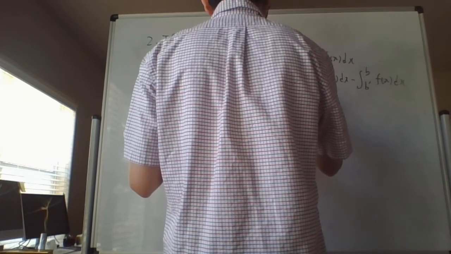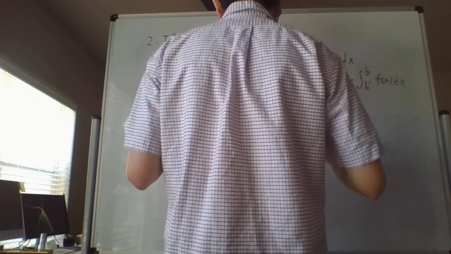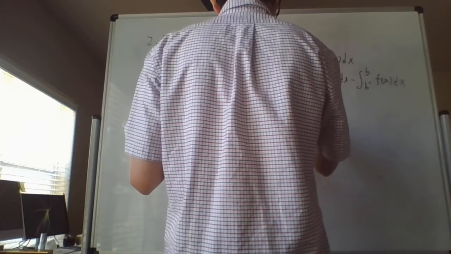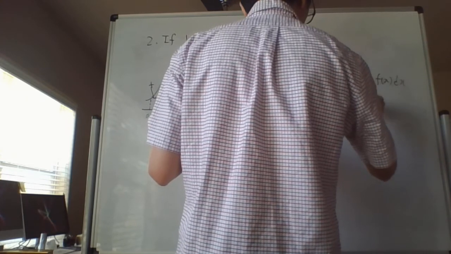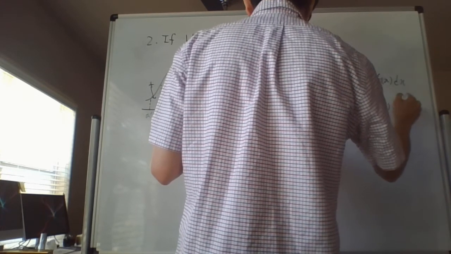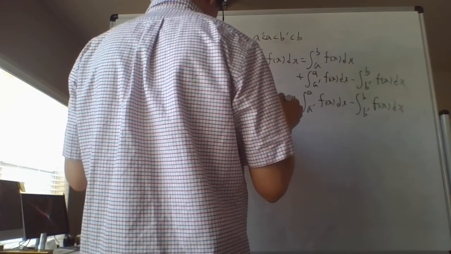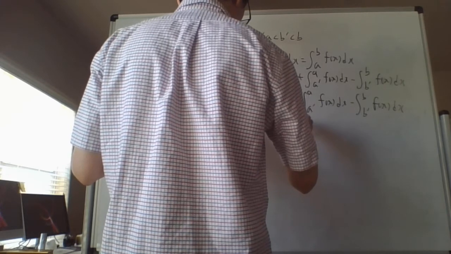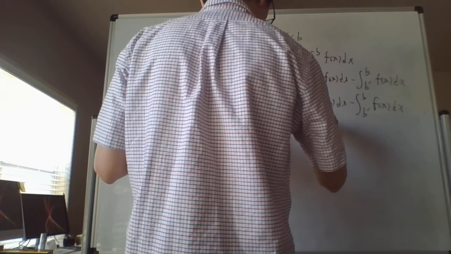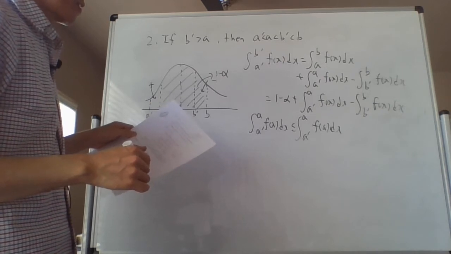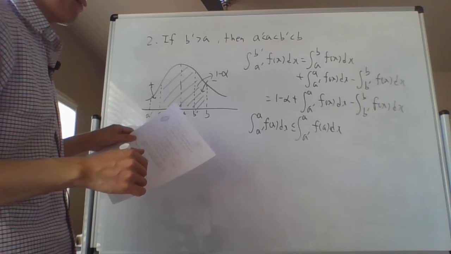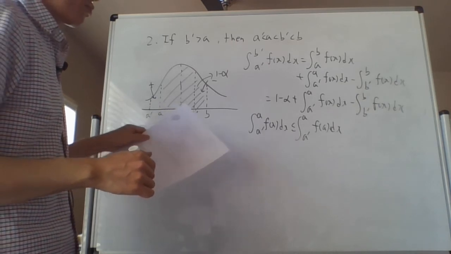So in that case, since a is less than or equal to x star, f is increasing or non-decreasing, so you have this inequality.